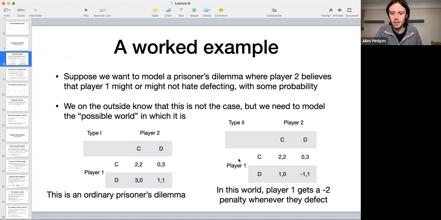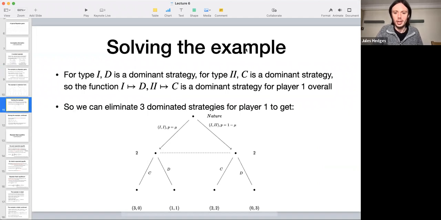And if player 2 defects, player 1 prefers to cooperate because 0 is greater than -1. So that means it's reasonable to say that the function that in type 1 plays D and in type 2 plays C is a dominant strategy for player 1.